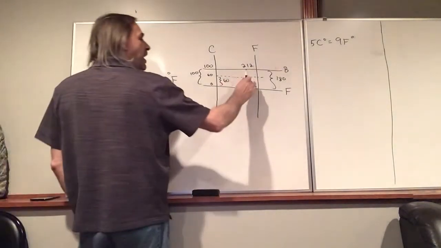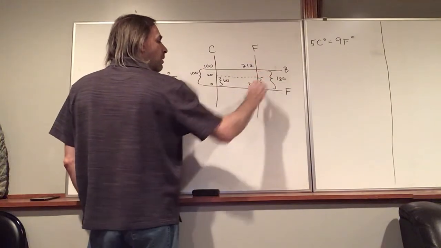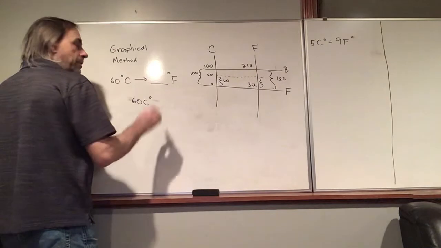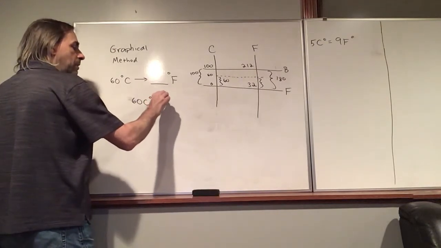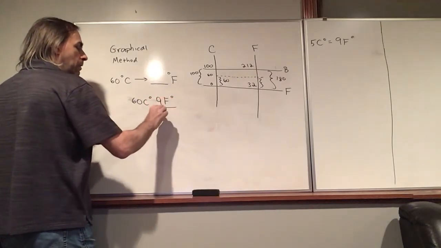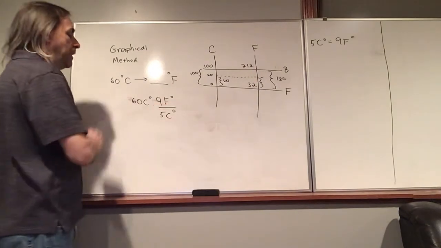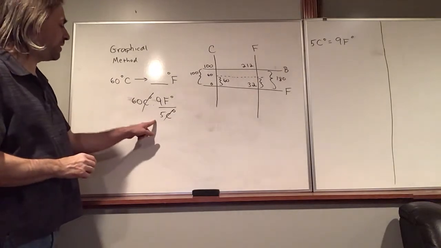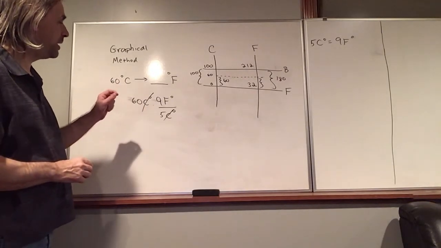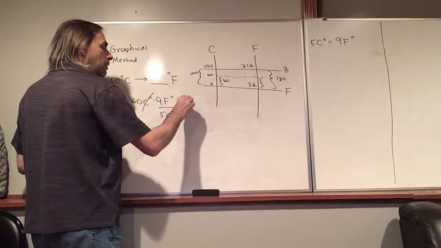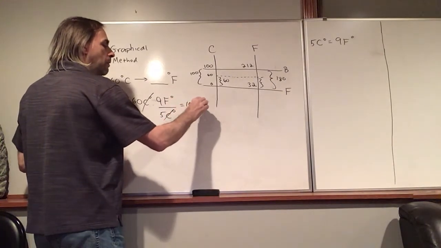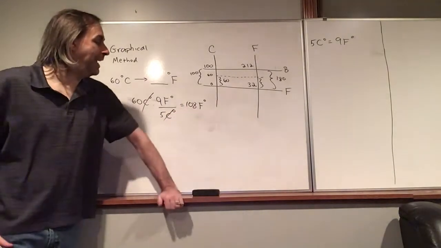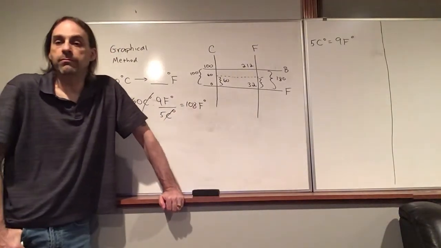So how much of a change is that on the Fahrenheit side? Well, let's use our conversion factor. 9 Fahrenheit degrees is 5 Celsius degrees. These cancel out. 60 divided by 5 is 12. 12 times 9 is 108. So the change is 108 on the Fahrenheit scale.